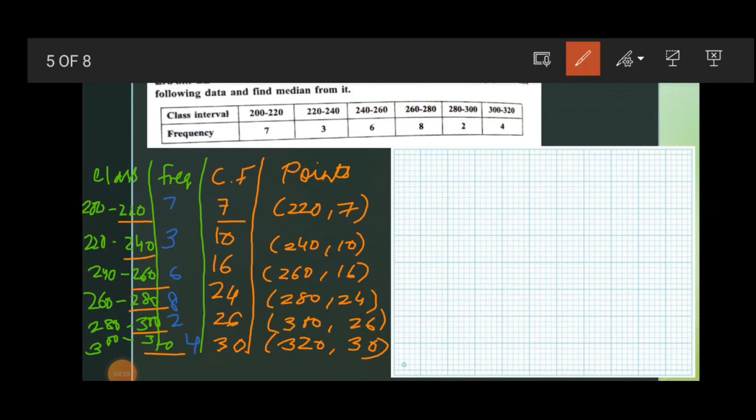On x-axis we plot upper limits and on y-axis we plot cumulative frequency.